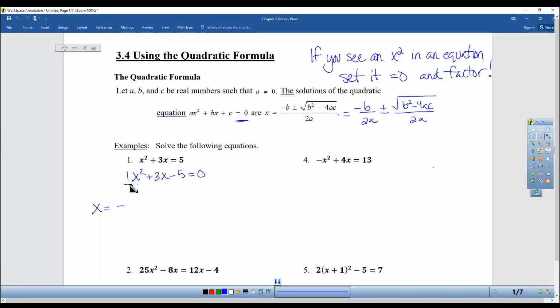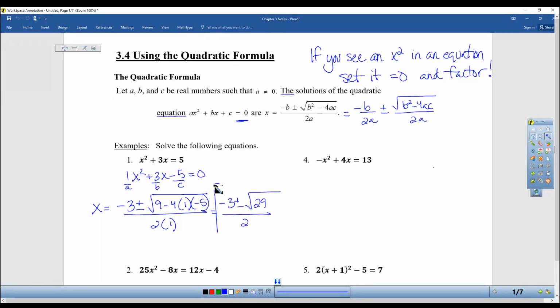This is A, this is B, and this is C. So negative B plus or minus the square root of B squared minus 4AC all over 2A, which is negative 3 plus or minus the square root of 9 plus 20 is 29, all over 2. How do you like that? Not too bad, right? All right, let's do another one.